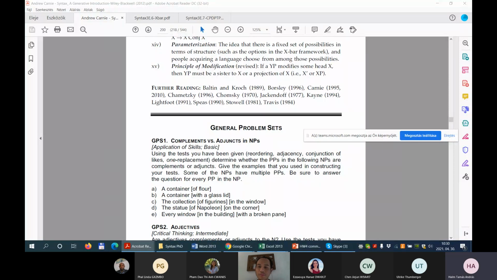It's true that of PPs are usually complements in English, but there are some tests that you can actually use to show that this is a complement. For example, who can help us? What tests can we use to show that of flour is a complement here? Any guesses?